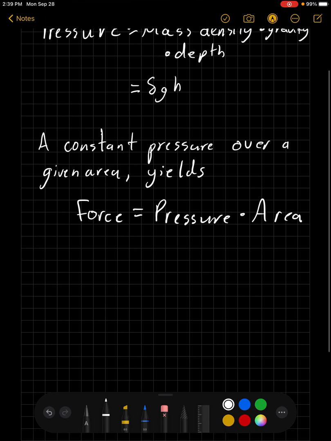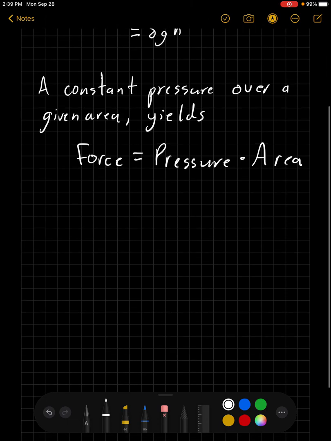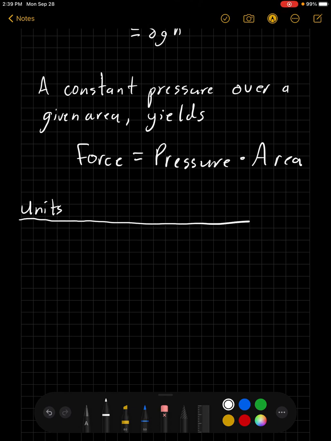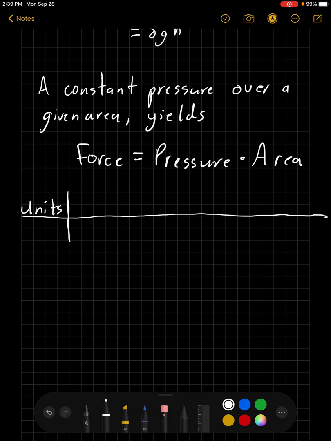We are generally going to use, so note that our units are going to go as follows. So density of water, the force, the area, and the pressure.